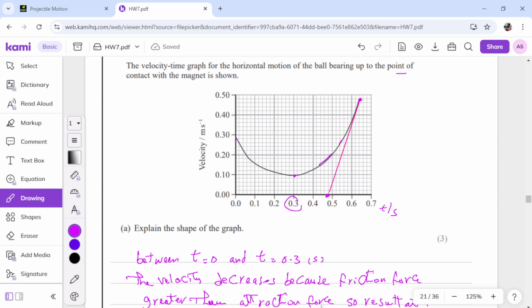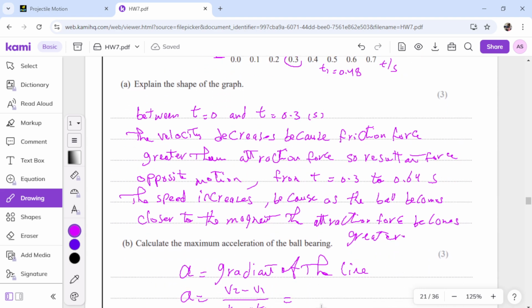This will be T1, which equals 0.48, and we have T2, which equals 0.64, and also V1 equals 0 and V2 is here, so V2 equals 0.48.